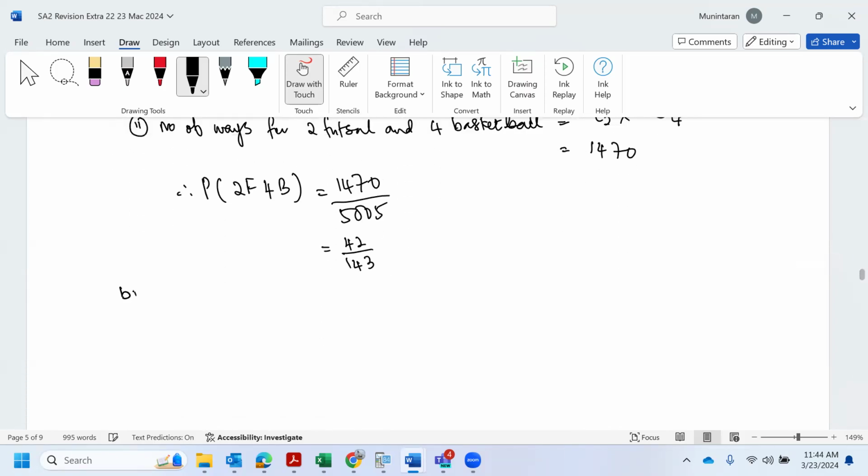So the number of words would be 8 factorial or 8P8.